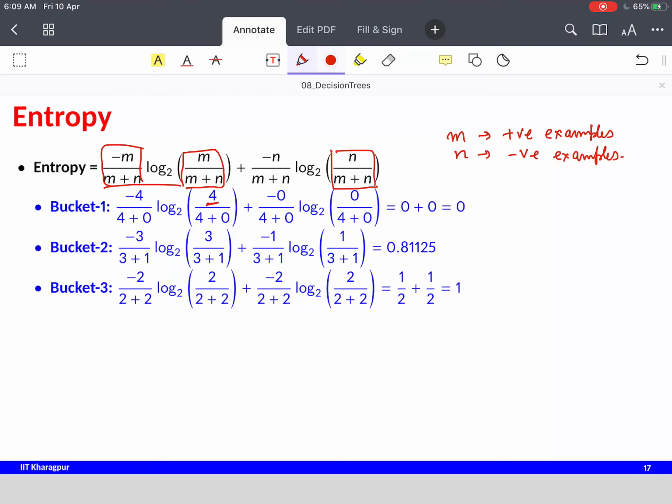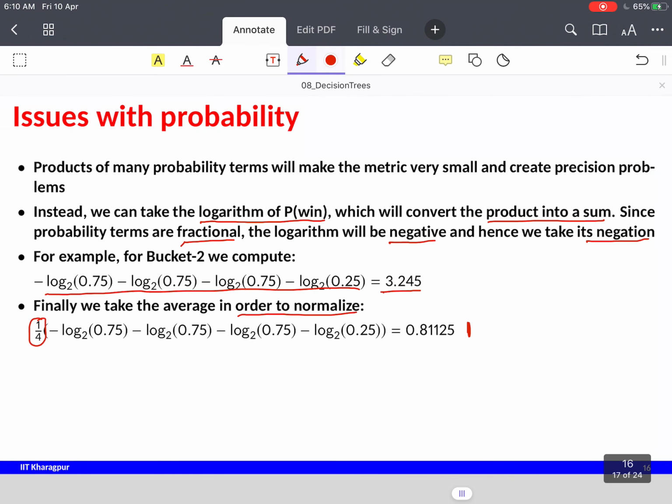So for example, when we talk about bucket 1, all the examples fall in the yes category, and that is the observation. So the entropy for bucket 1 will be 0. The entropy for bucket 2 will be this much that we have seen. This value is nothing but 0.75. If you look into these values, then I can represent it as -3/4 log of 0.75.